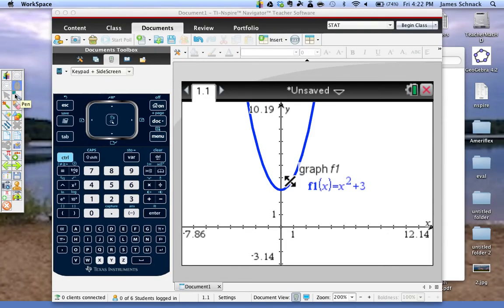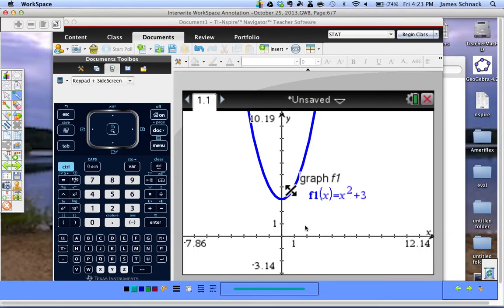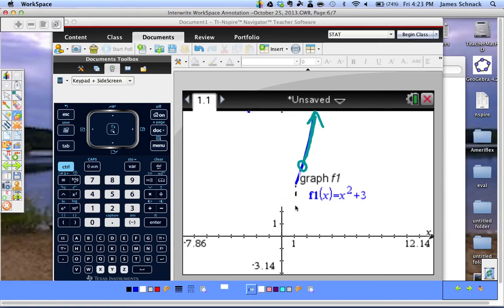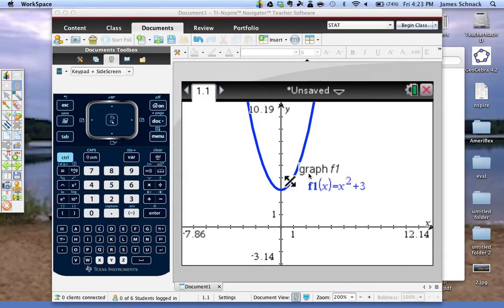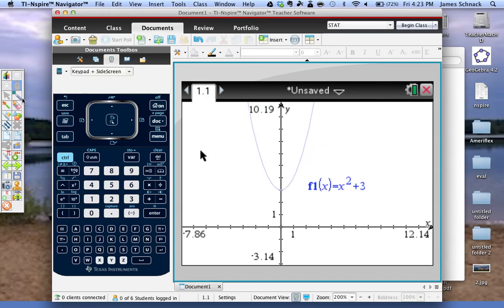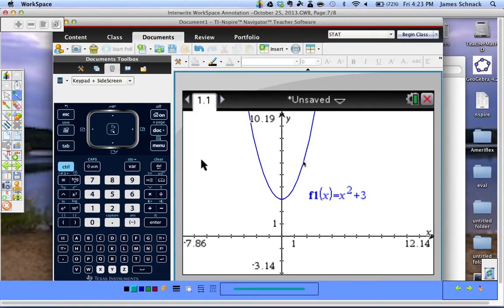Now, how does that change if our domain is x greater than 2? What's that look like on our graph? Well, here's 2. That means this is really the only part of the graph we care about. The rest of this doesn't matter. All of that we're ignoring. That's not a part of this function anymore. We're starting at x equals 2. So what is that output? Well, 2 squared plus 3 is 7.